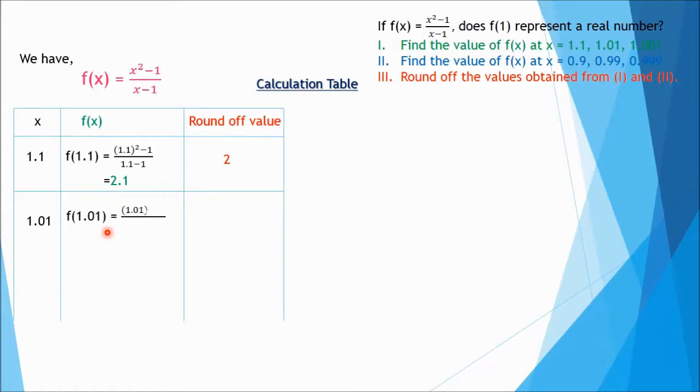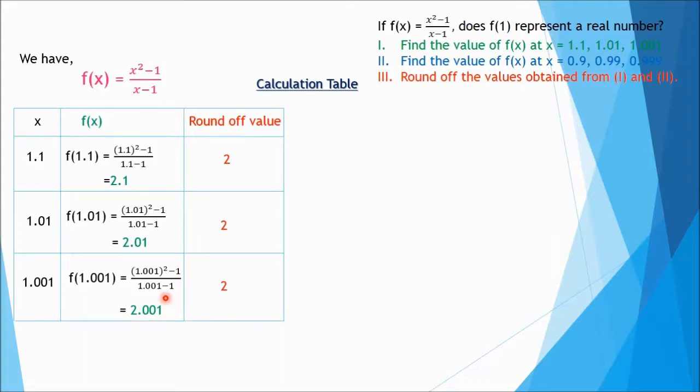When x is equal to 1.01, 1.01 square minus 1 upon 1.01 minus 1, its value will be 2.01, and if we round it off, then it will be 2. Now 1.001, that will be 1.001 square minus 1 upon 1.001 minus 1, and its value will be 2.001, and if we round it off, then it will be 2. Now let's close the table.